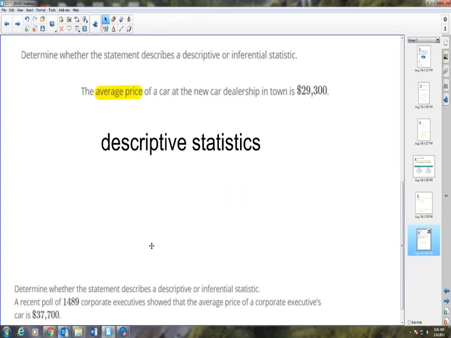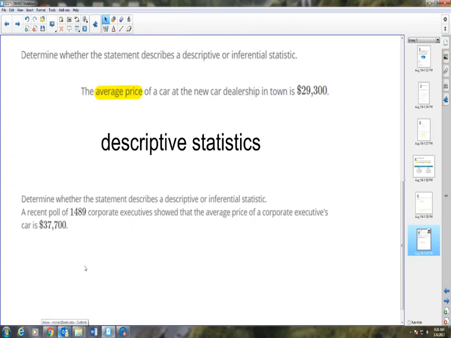All right, I'll give you another example, for inferential. A recent poll of 1,489 corporate executives showed that the average price of a corporate executive's car is $37,000. You have to read the statement a little bit carefully. They take a poll and sample 1,489 corporate executives, and it shows that out of those almost 1,500 people, the average car price of a corporate executive will be $37,000.